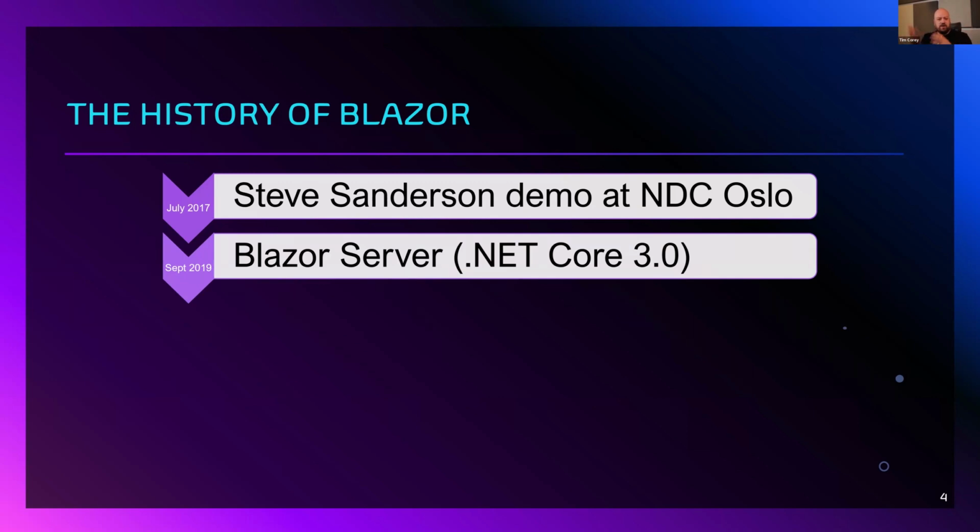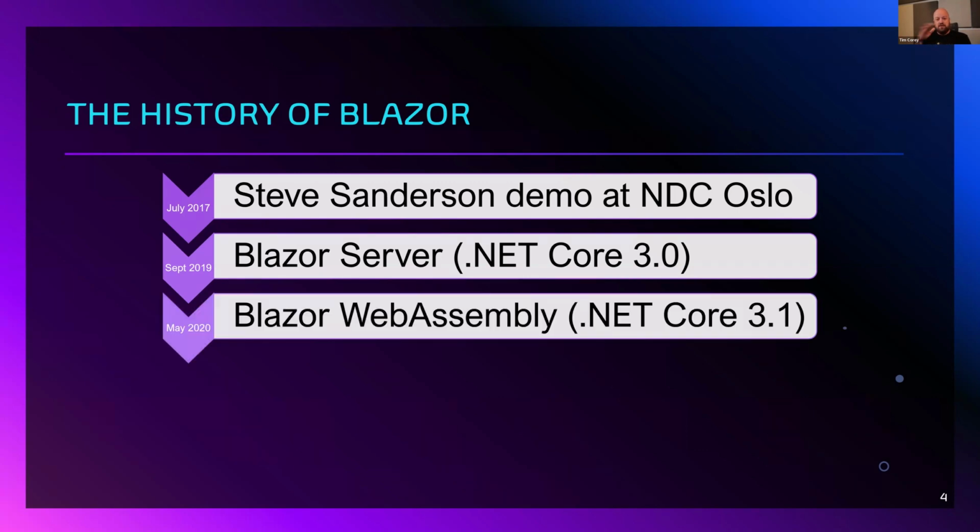If you're familiar with Angular, React, or Vue, all of your JavaScript goes to the front end. It goes down to the browser and then gets run in the browser. Well, with Blazor Server, that's not what was happening. All of your C# code stayed on the server, and the SignalR connection, which is basically WebSockets in the background, is connecting to the clients and saying, hey, here are the new things to show on this page. Hey, here are the new things to display. And that was the start of the official Blazor story.